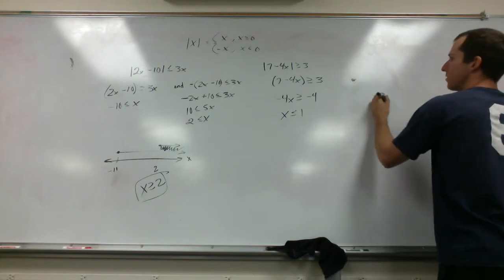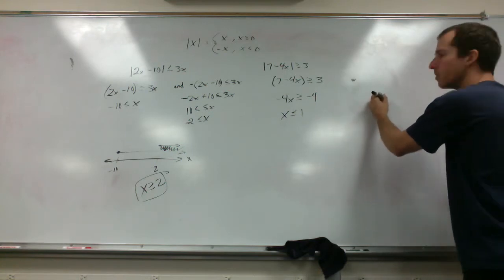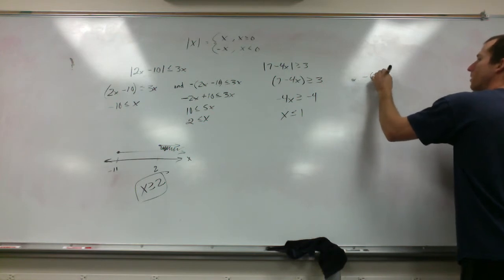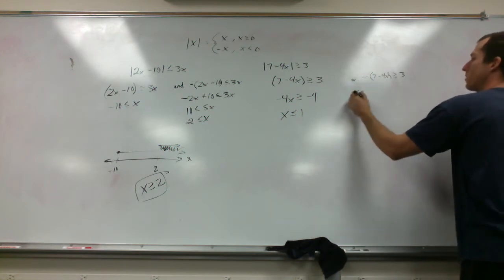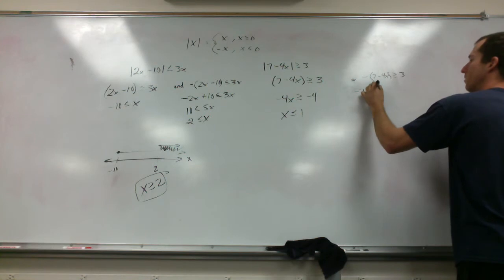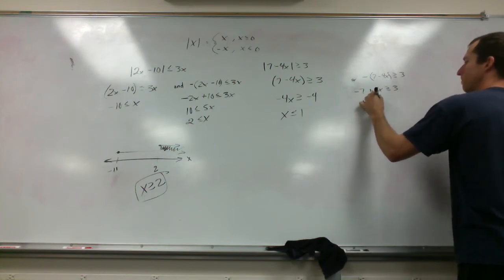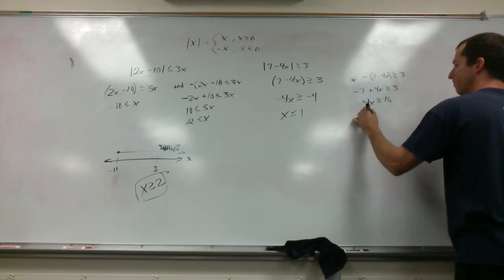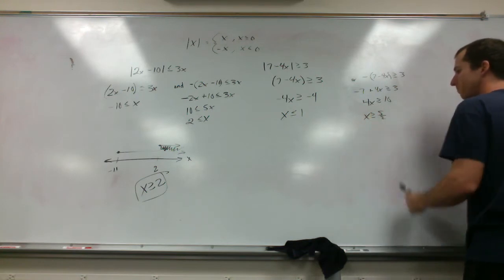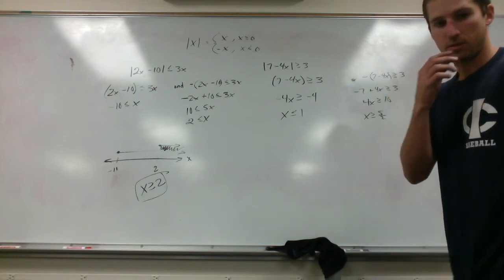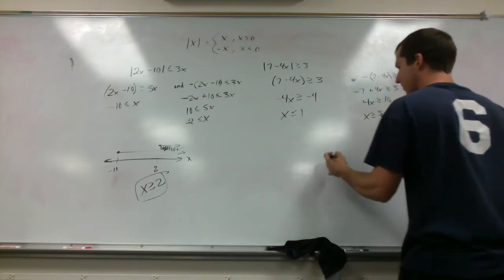Since it's greater than, this will be an or. Opposite of 7 minus 4x is greater than or equal to 3. So x is less than 1 or greater than 5 halves.